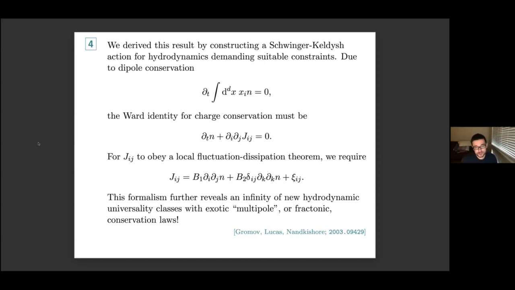Now, it turns out that if that argument is a little bit fast, there's an even more serious way that you can see that J^{ij} has to involve a two-derivative object. This is because if you want something like a local fluctuation-dissipation theorem to hold, the current which needs to have local white noise is J^{ij}.